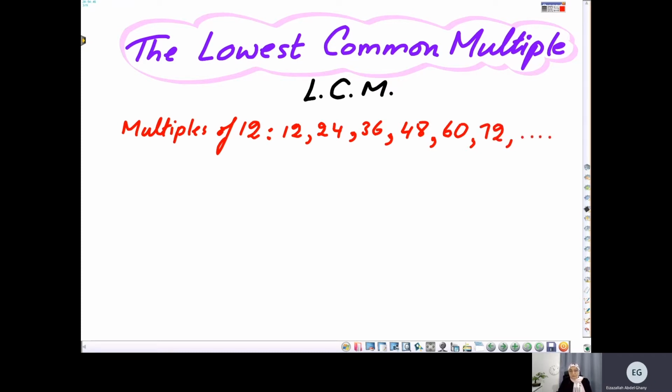And so on. Do we know what is the highest multiple of 12? No one knows it. It's infinity. It's more than a billion, more above our imagination.